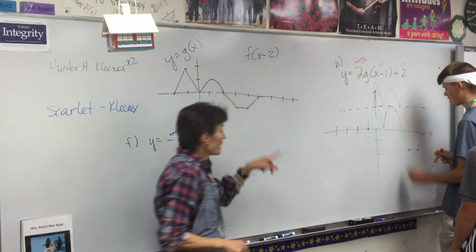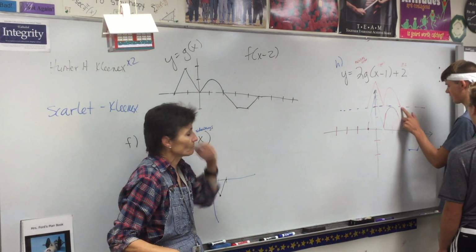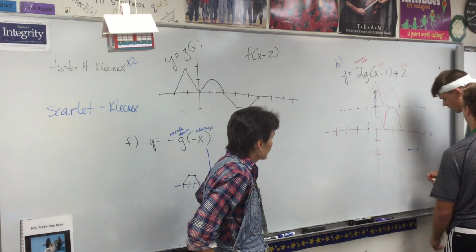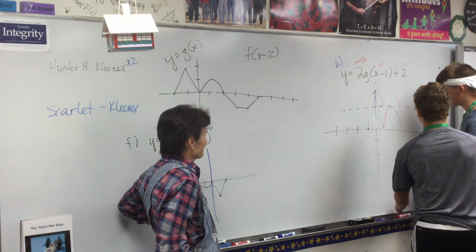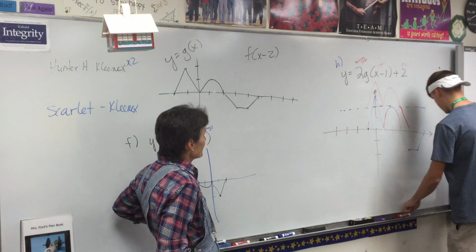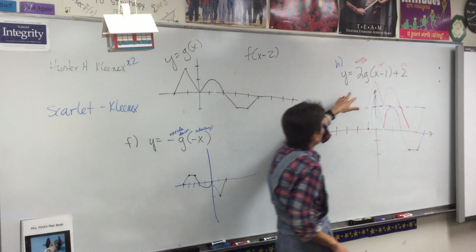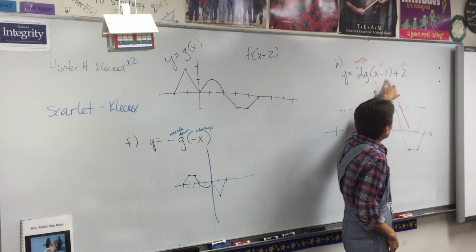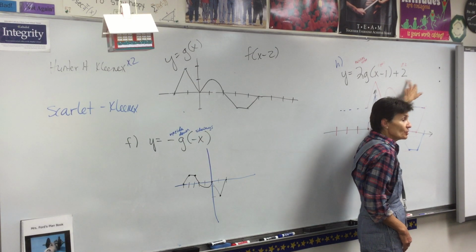Okay, so these guys had a little harder problem. There we go. So let's take a look at everything they had to do. They multiplied the height, they shifted to the right one, and they lifted it up two.